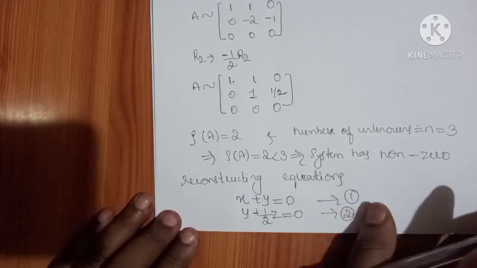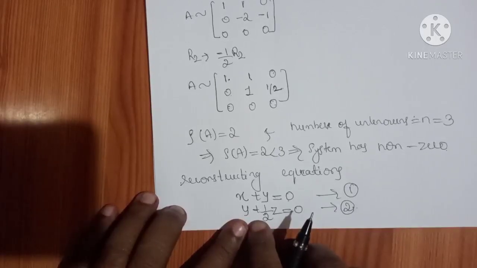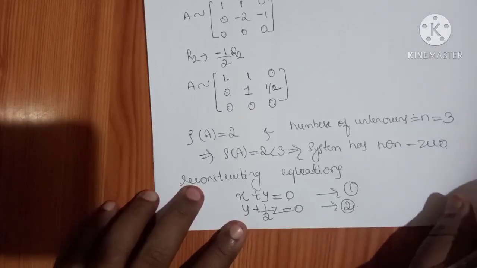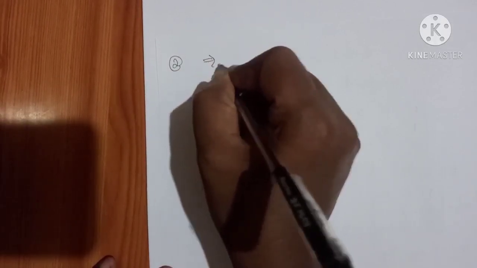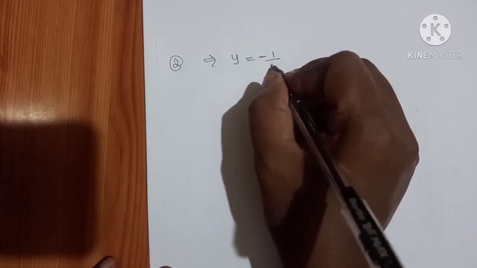Now from equation 2 we can write it as y equals to minus 1 by 2 into z.